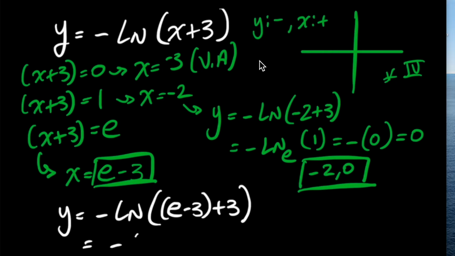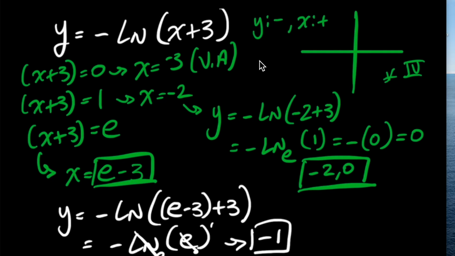That's going to equal negative ln of e, base e. These cancel out and give us the exponent, which is 1. Here, y is going to equal negative 1. So our second point is going to be x equals e minus 3, comma, negative 1.